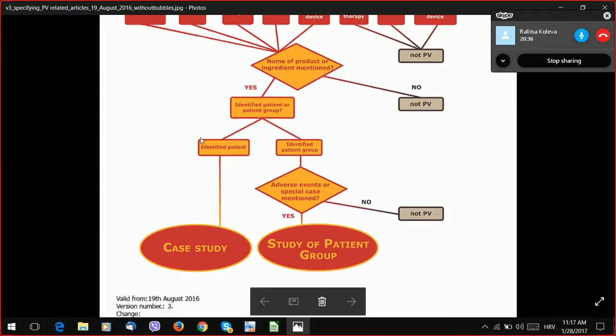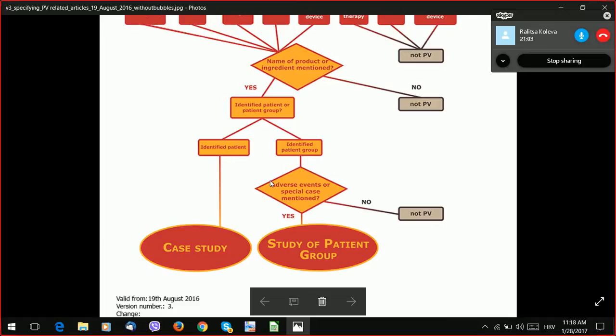If you have an identified patient, then you are going to follow the left branch here, and you are going to categorize this article as a case report. So this is a case report. This is going to be corrected, not to confuse it with studies.